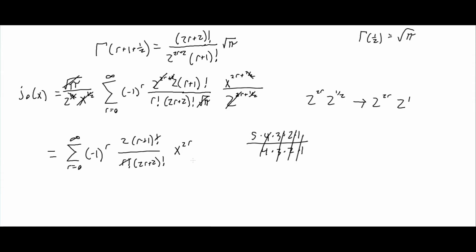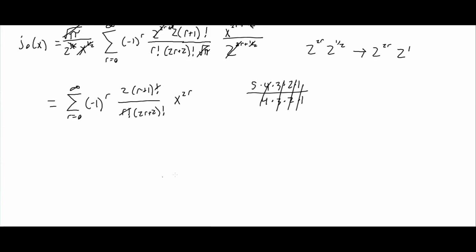And so that will give us, so we are left with the 2r plus 1. So that would be the same as 2r plus 2, which we see will cancel out with the highest of this, making that into 2r plus 1 factorial.